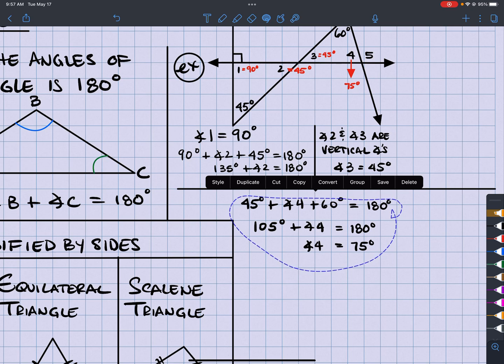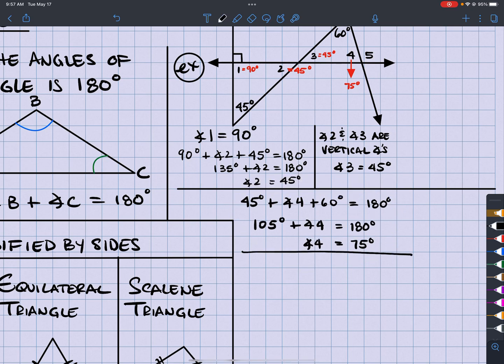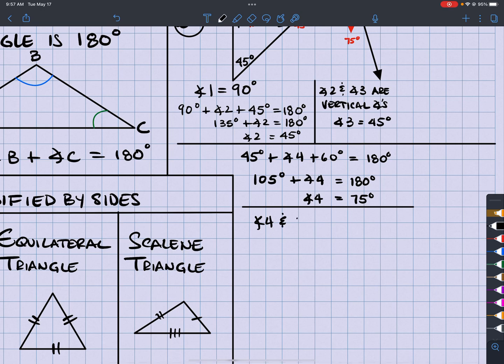So what I also know is that angle 4 and angle 5 are straight angles.